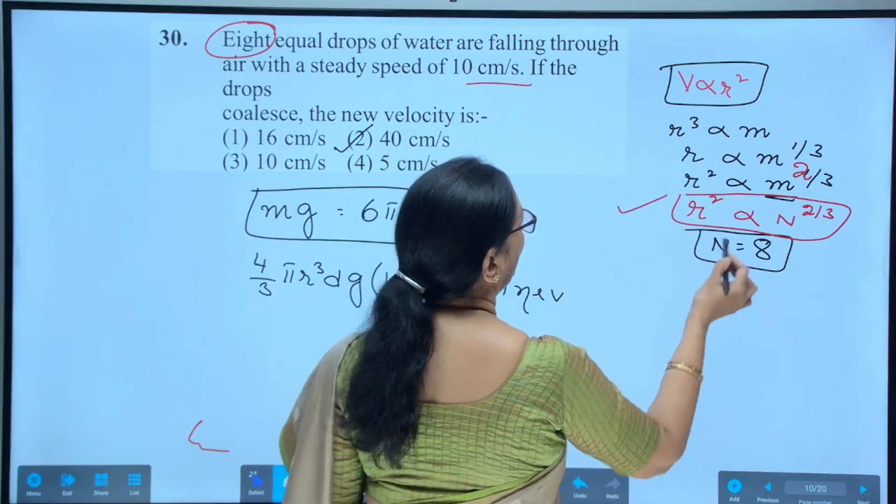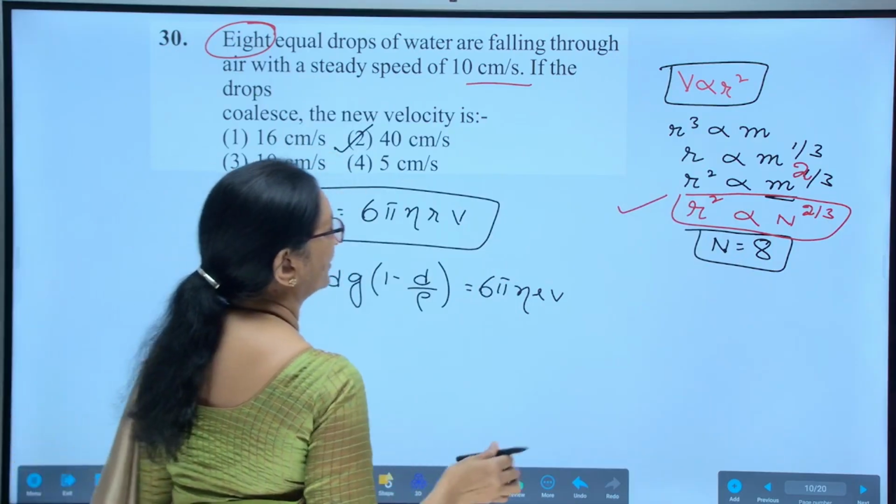So, here how many drops coalesced? 8 drops are coalesced here.